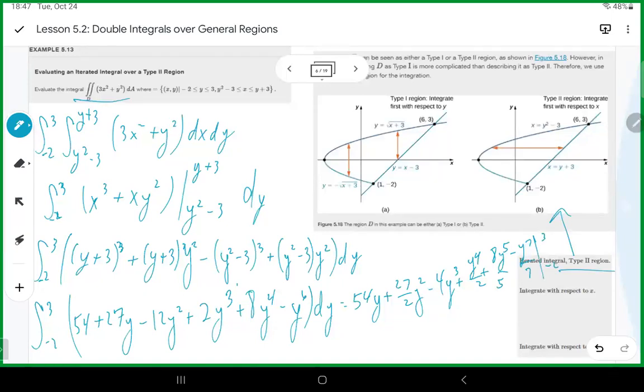If you work all of that out, you end up with 2,375 over 7.